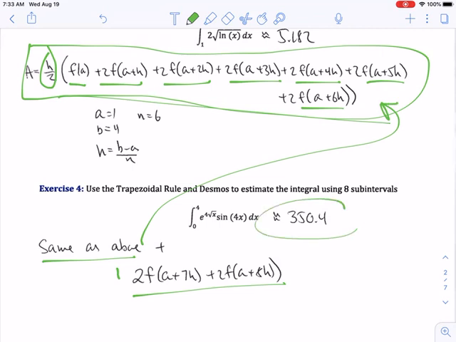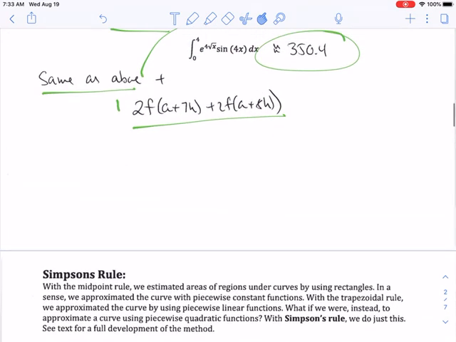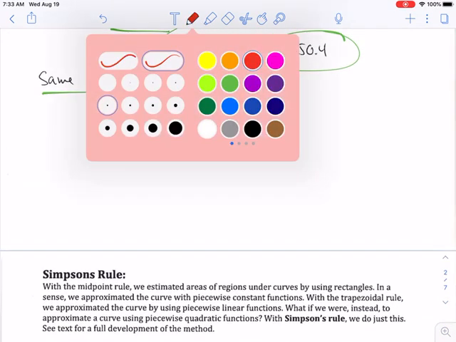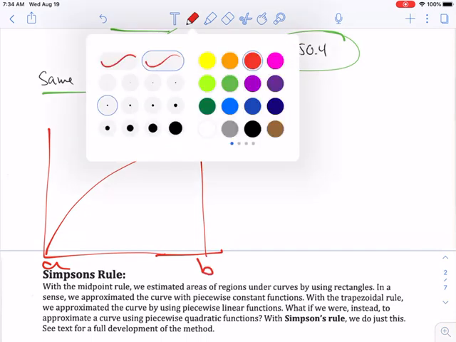This is the one that I just showed you in Desmos using the trapezoidal rule. So real quick, what basically is the trapezoidal rule? You've got an area under a curve between a and b, and instead of making rectangles, we're making trapezoids.